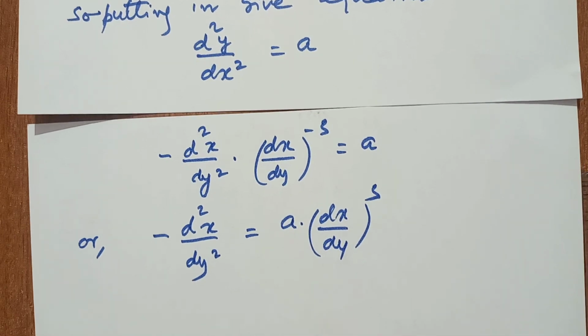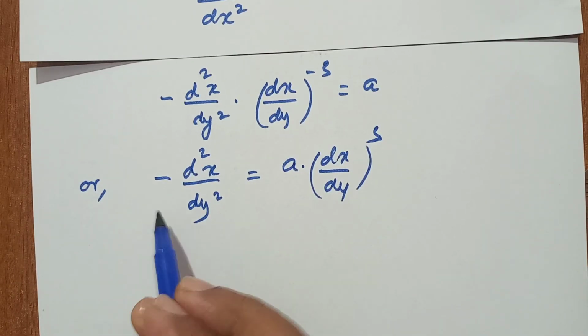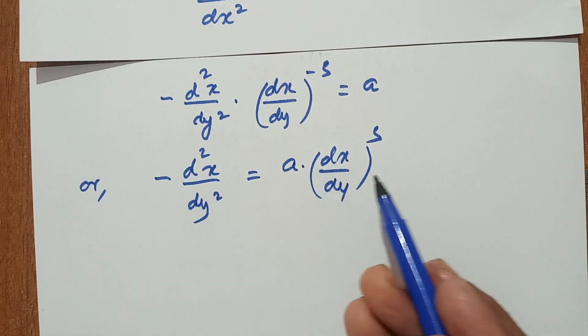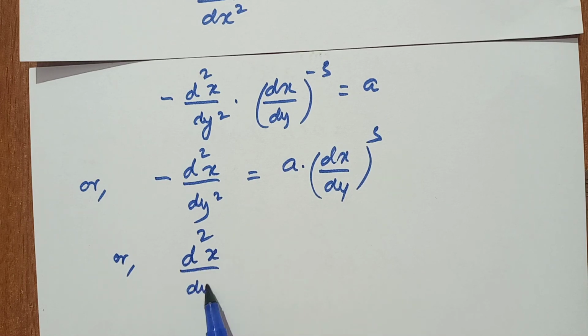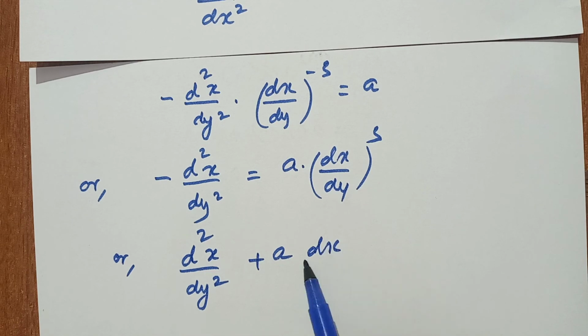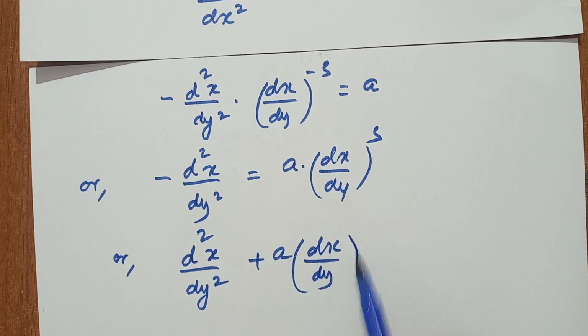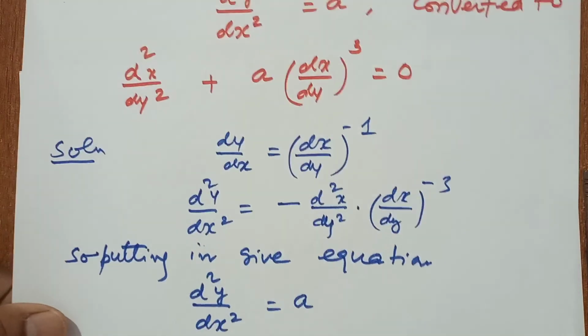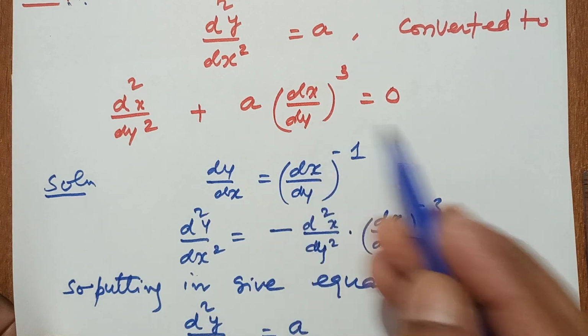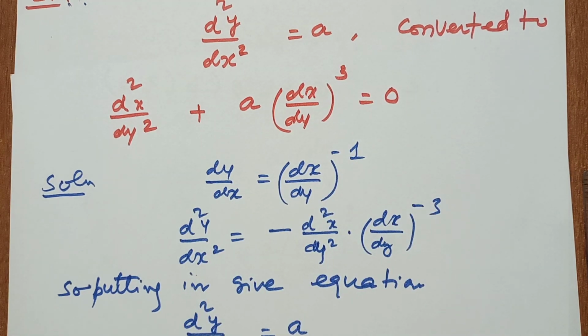Since this is a minus sign, we put it on the right hand side, so we get d2x upon dy2 plus a (dx by dy) to the power 3 is equal to 0, which is the result. This is the same thing, and hence proved.